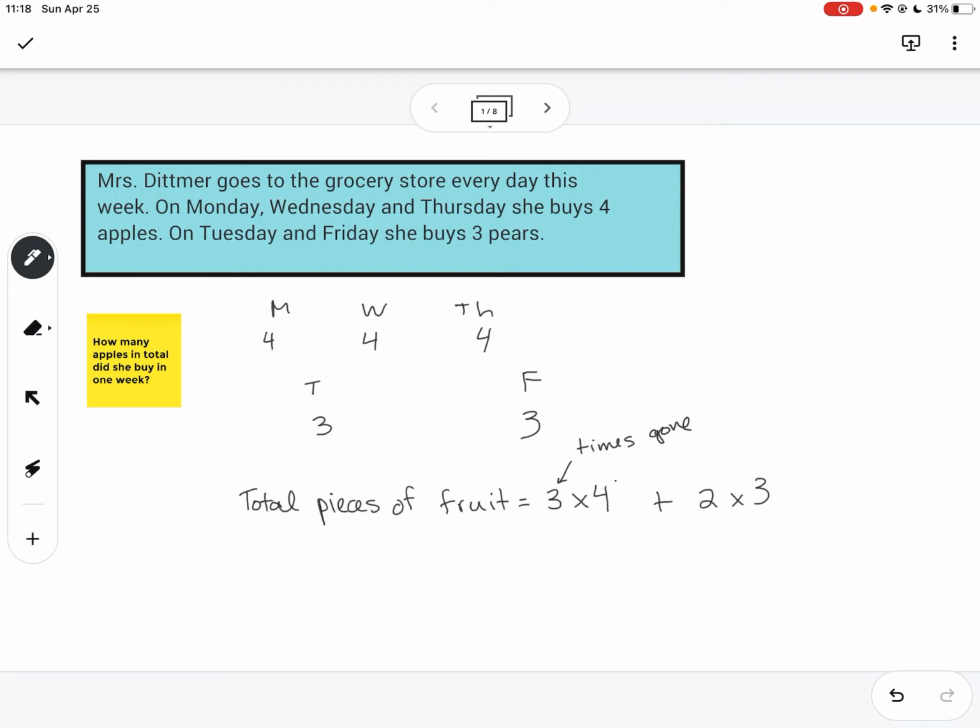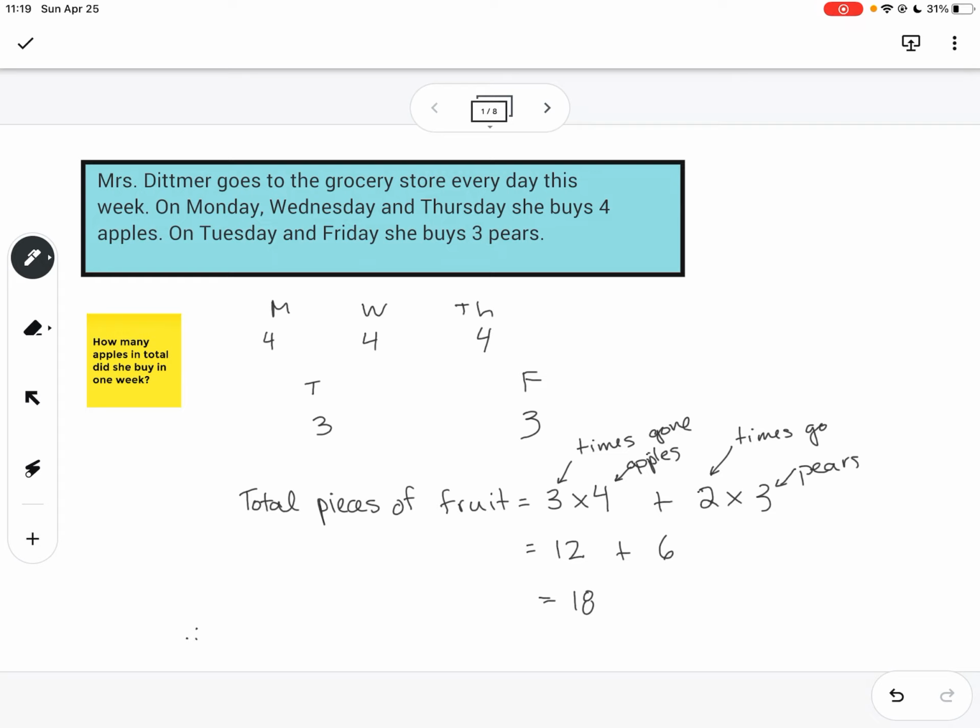These would be the apples here. And then I can actually set up my second part the same way. So 2 times 3. This is the times I go. And these would be the pears. So then I know I've bought 12 apples, 6 pears for 18 pieces of fruit in total.